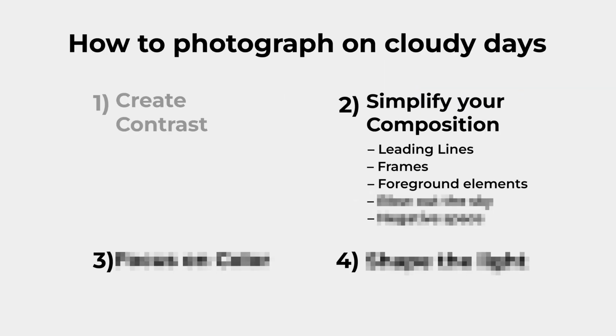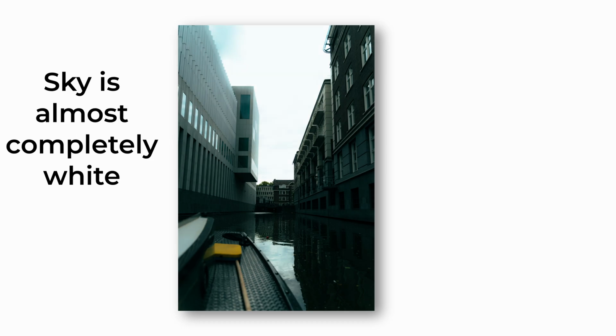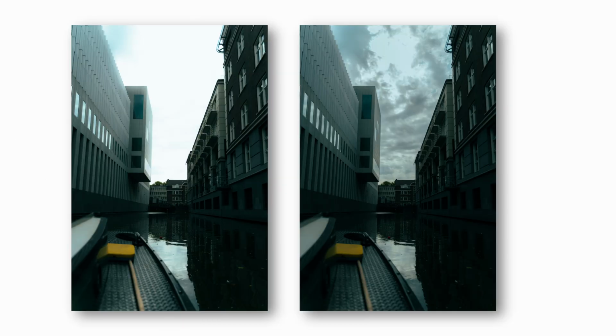Okay, another thing you can do is overexpose the sky. And I don't mean overexpose as in having it completely white, but just shy of being completely white. Because if the sky is very gray, as you can see on the right side, it doesn't look very appealing.